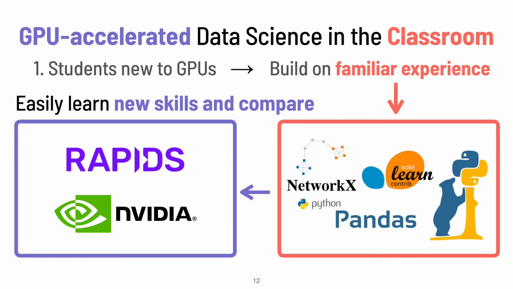Therefore, when designing programming assignments to help students learn how to accelerate data science through GPUs, we chose to use NVIDIA's RAPIDS framework, which provides APIs that are really similar to those of NetworkX, Scikit-learn, and Pandas.